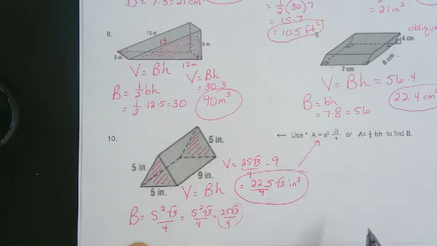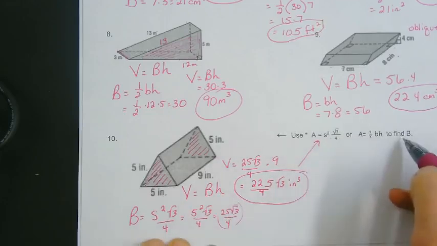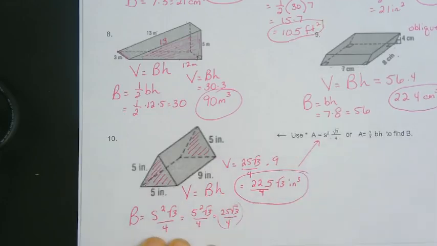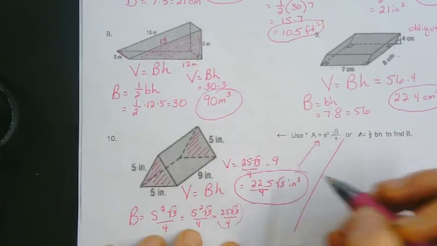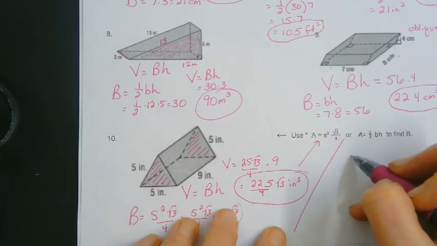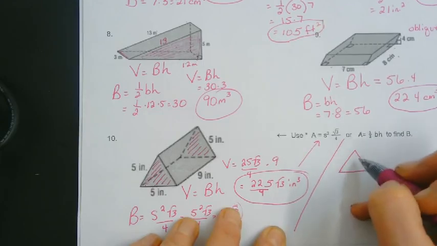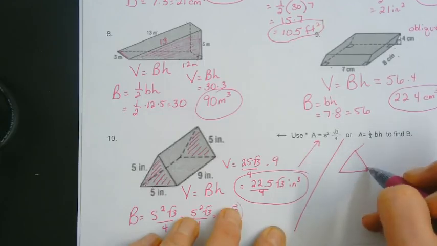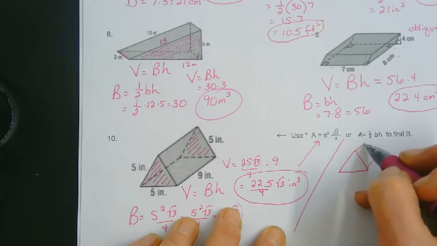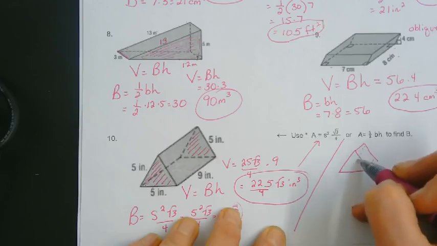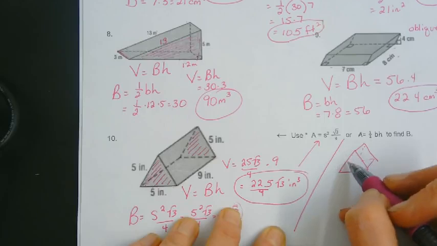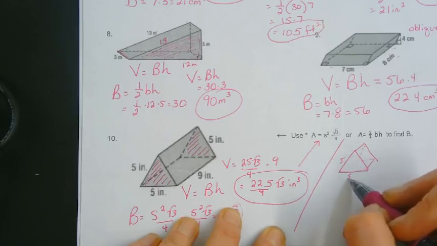Now, if we want to try to do it using area equals 1/2 base times height, that's possible to do too. So let's just redraw this. I'm trying to find the area of this, and this is the rest of the prism back there. Okay, I'm not going to draw the whole thing. It's kind of abbreviated, but anyway, this is 5, this is 5, this back here is 5, so it means that this is 5.